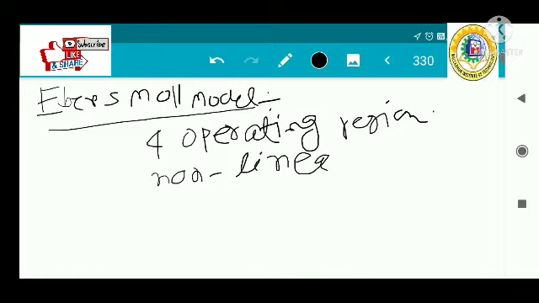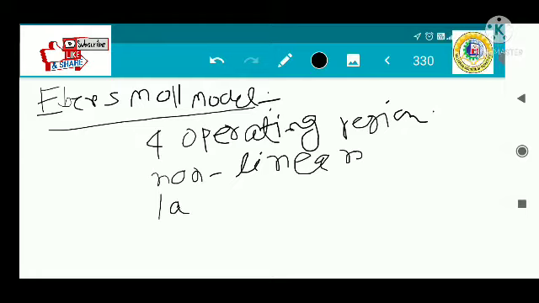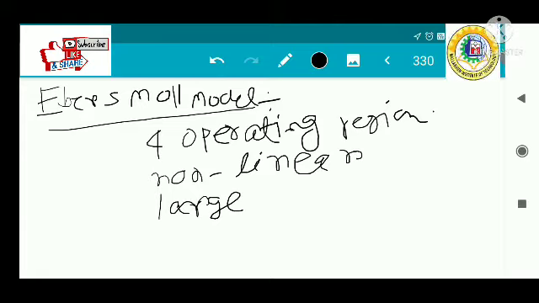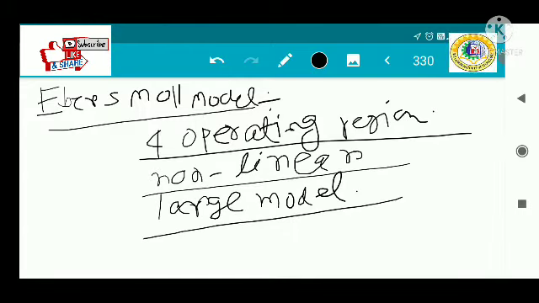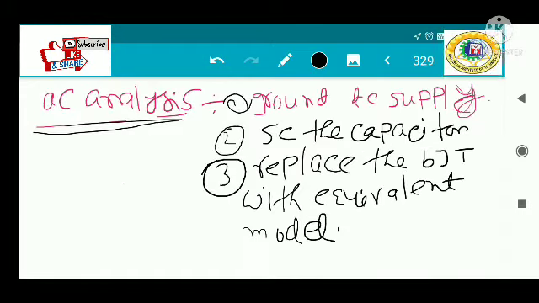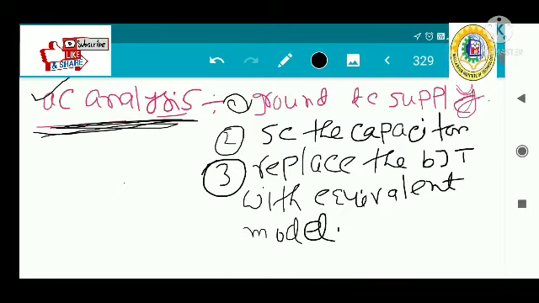So it is a nonlinear circuit model, and it is the large signal model. In AC analysis we always assume small signal analysis, while a large signal model means you cannot linearize the circuit, and that is the problem. So in summary, we discussed how AC analysis can be performed in any circuit and the steps towards it in the previous lecture.